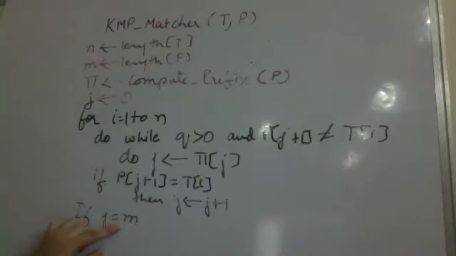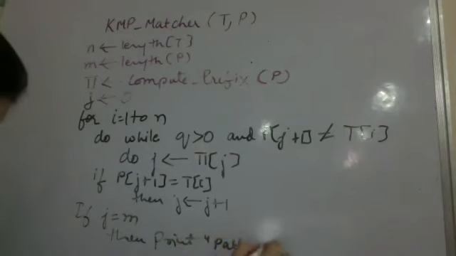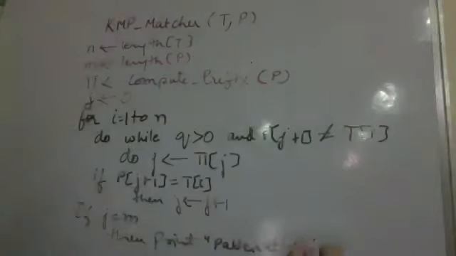If J is M, in that case the pattern has occurred with a shift. In that case, print pattern occurred at shift. What shift value is there?